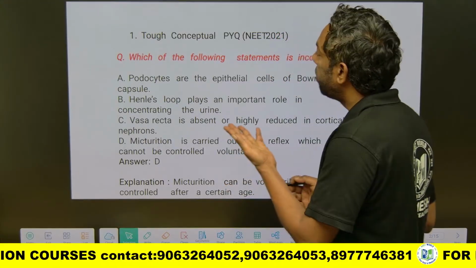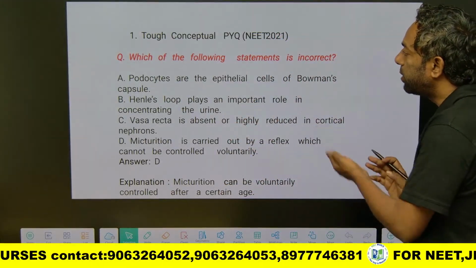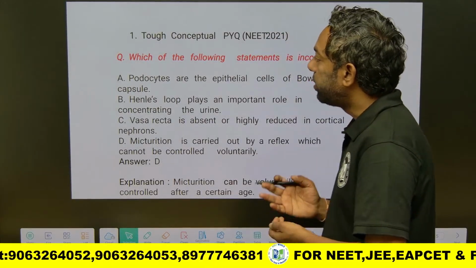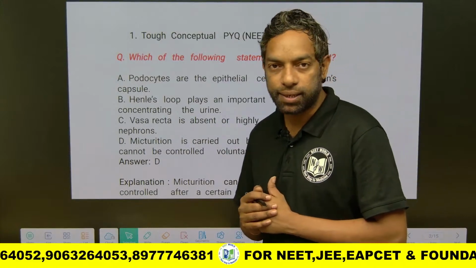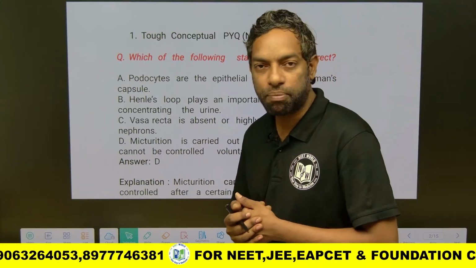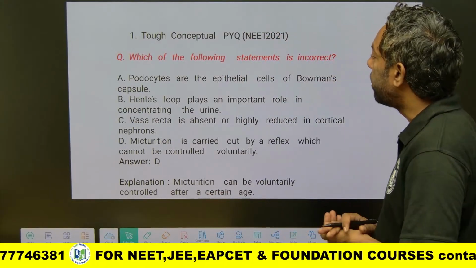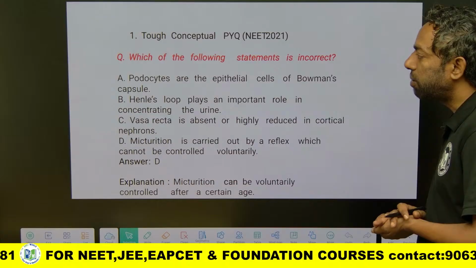Guys, this is the question: which of the following statements is incorrect? This is the chapter Excretory Products and their Elimination. Option A, podocytes are the epithelial cells of Bowman's capsule.